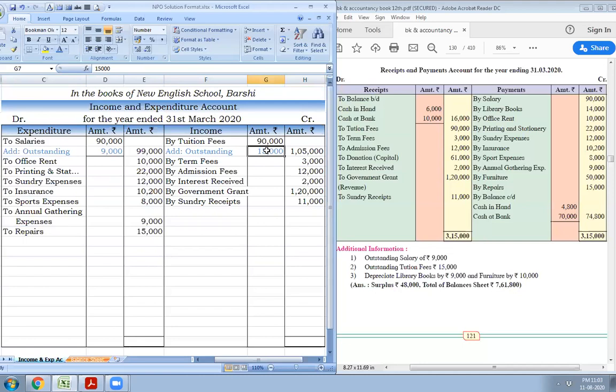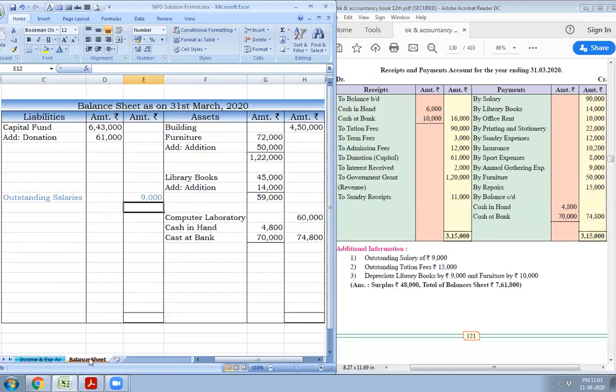Outstanding income. Second effect we will record to balance sheet asset side. Outstanding tuition fees amount rupees 15,000.